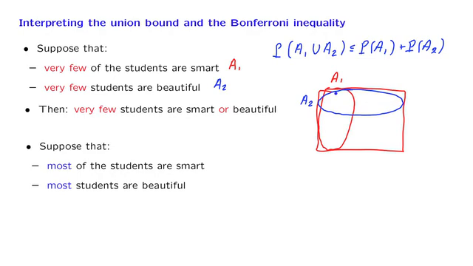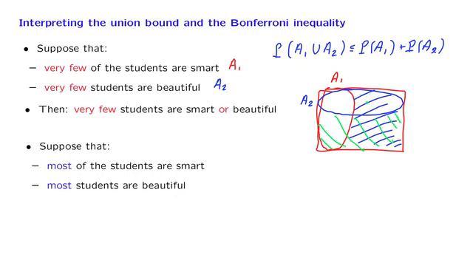Now, if the set A1 is big, then it means that the complement of A1 is a small set. And if I tell you that the set A2 is big, then it means that the complement of A2 is also small.